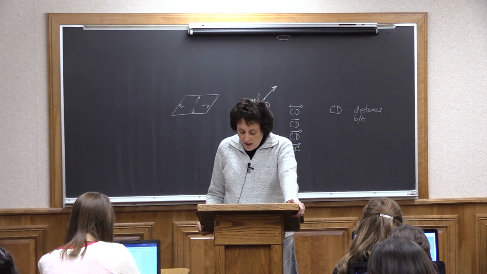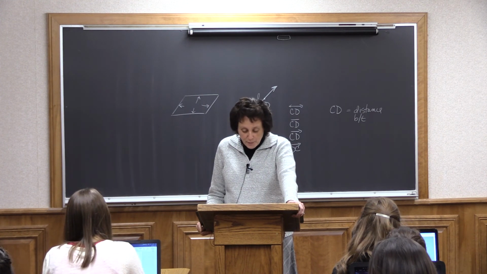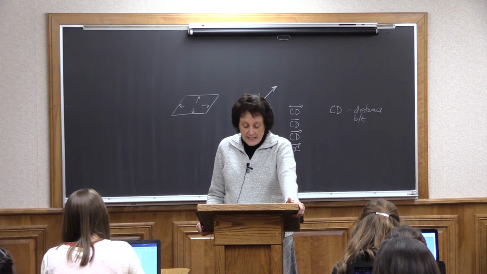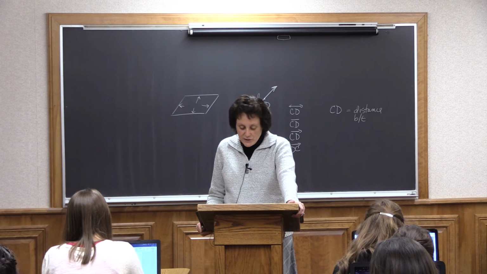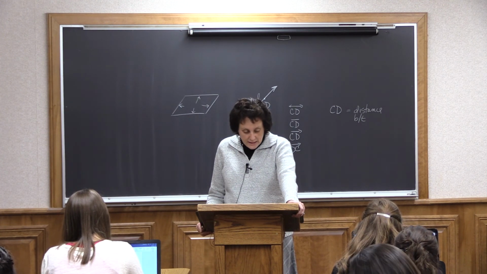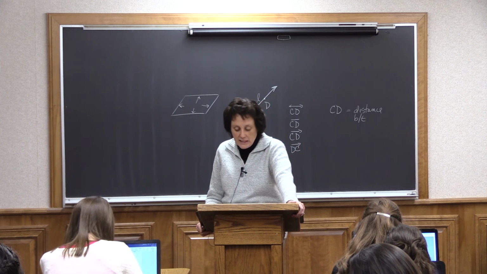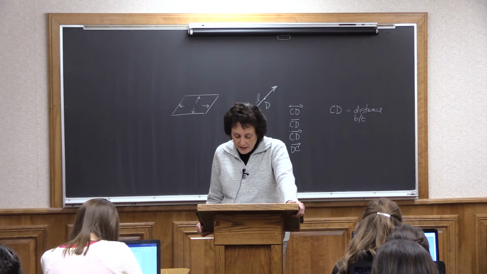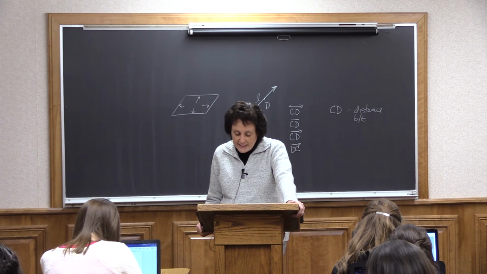All right, now we're going to talk about types of lines. There are three basic types of lines: intersecting lines, parallel lines, and skew lines. We'll begin with intersecting lines.